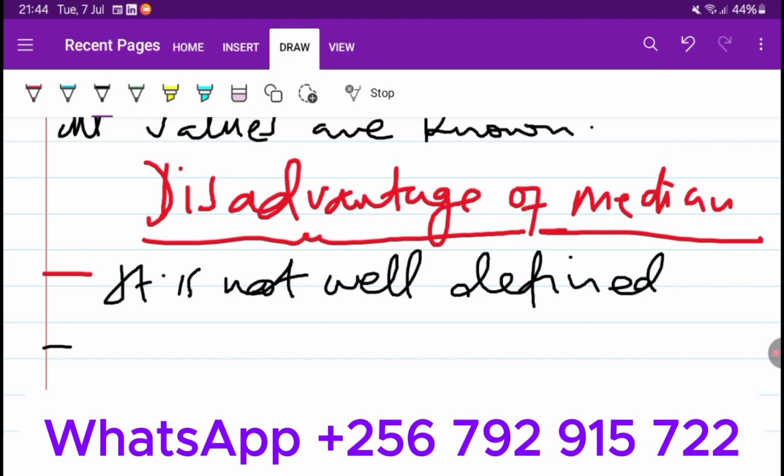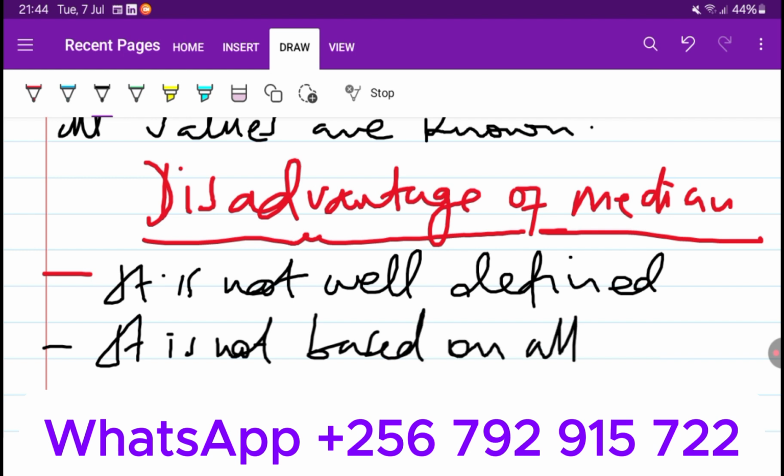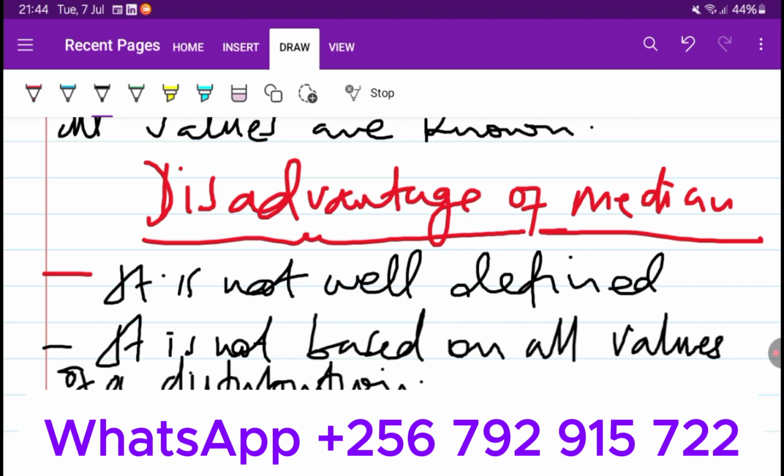Then it is not based on all the observations of the distribution. It is not based on all values of a distribution. So you are seeing that some of these points we get from the properties, because we said the first property was that it should be based on the entire data set.